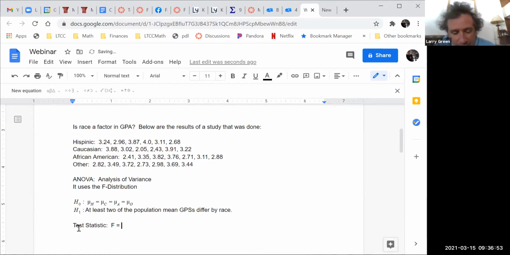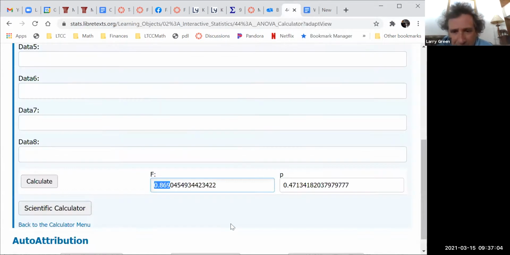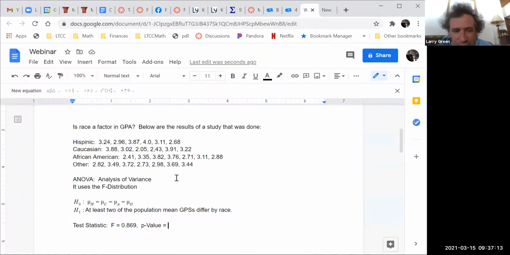F was equal to 0.869, and the p-value was equal to, how about 0.4713? 0.5 is about what it is, but copy and paste makes it easy to type it. Any questions on that? Easy enough?